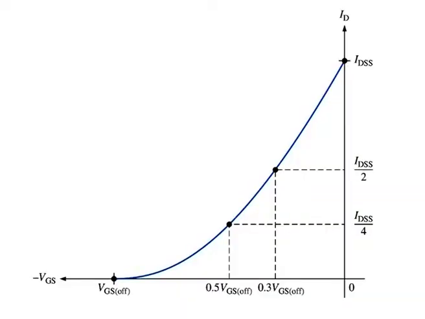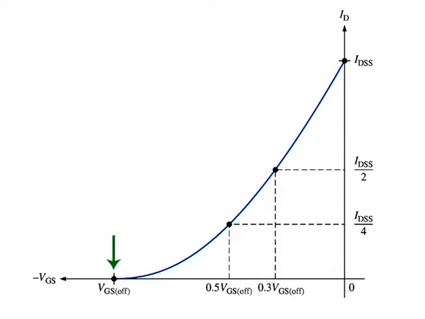Because VGS controls ID, the relationship between these two quantities is very important. The figure here shows a general transfer characteristic curve that illustrates graphically the relationship between VGS and ID. This curve is also known as the transconductance curve.